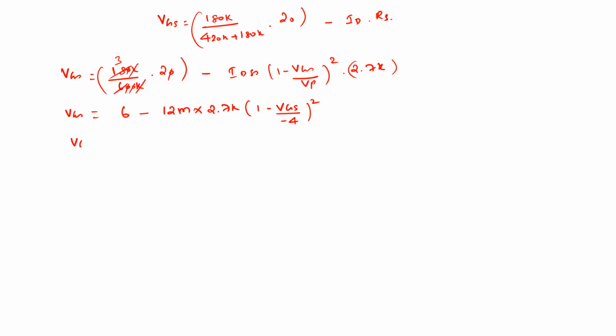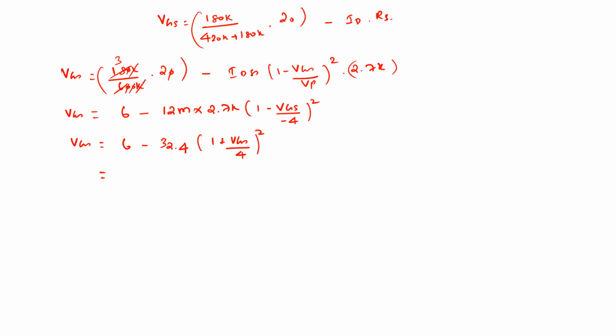So VGS is 6 minus 12 milli into 2.7 K, it will be 32.4 into 1 plus VGS by 4 the whole square.